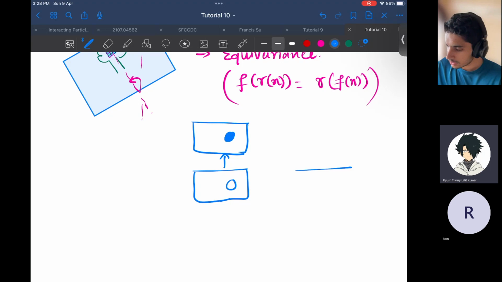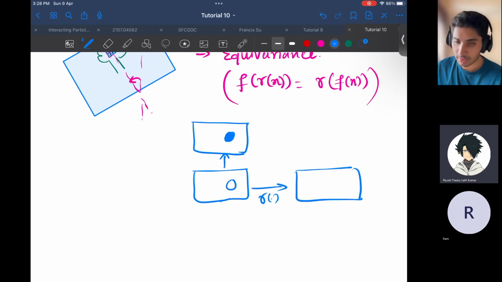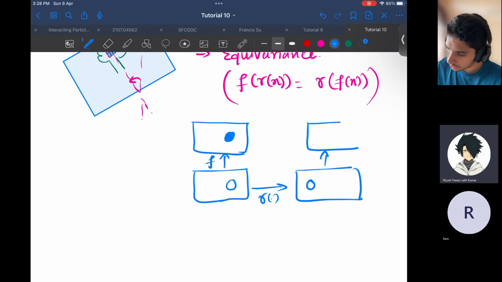Now what you are doing is that you are applying some transformation R to your input image, and you are shifting this ball to the left. What you would expect is that you would expect your segmentation to be shifted to the left as well, right?